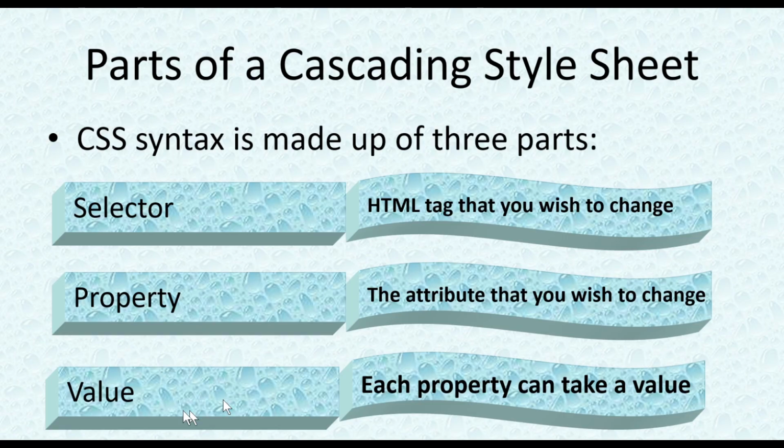Value is the name of the color if we use color. Each property can take its value. Even font size, you can mention it as we have seen, like 24 pixel. This is the value, 24 pixels, the value of size.